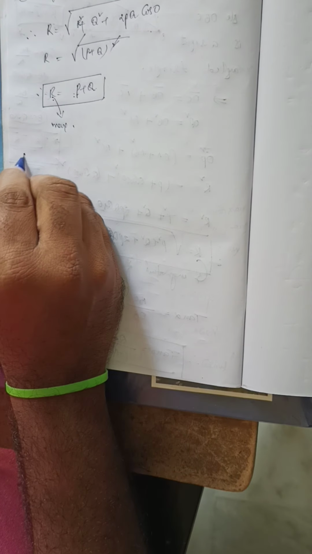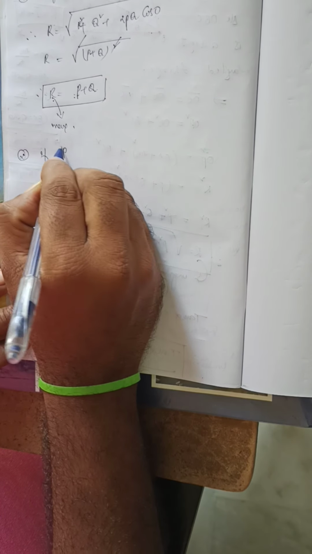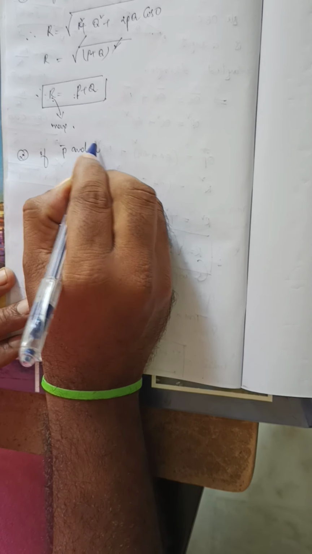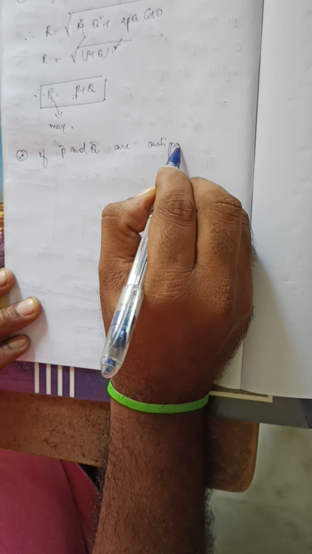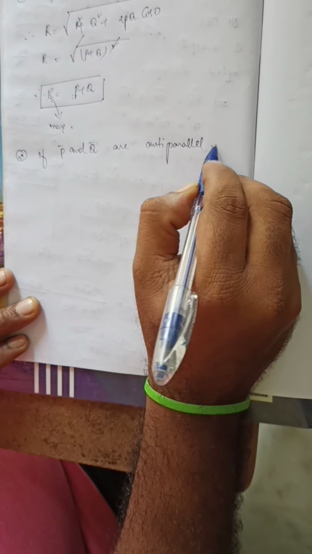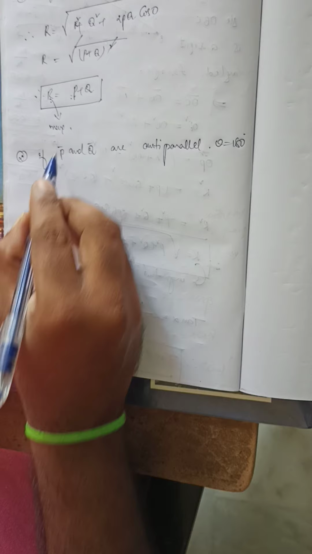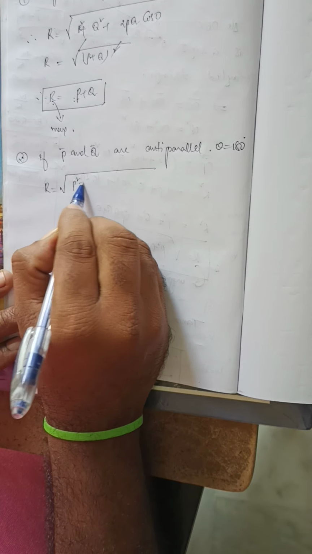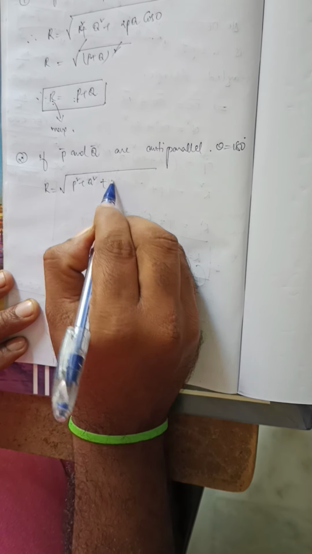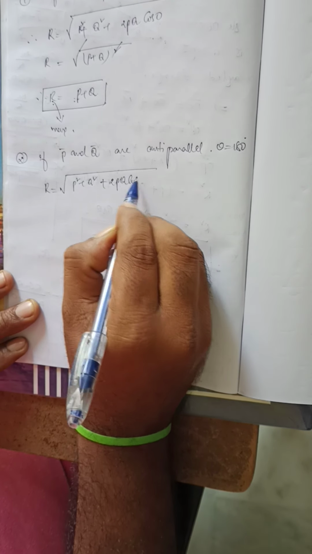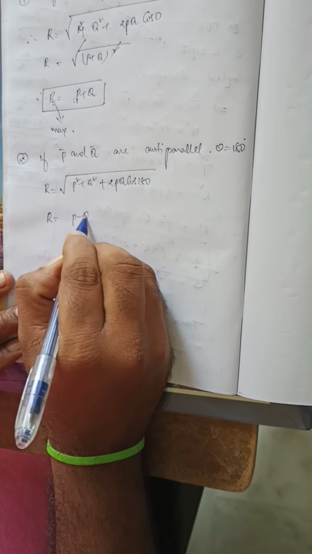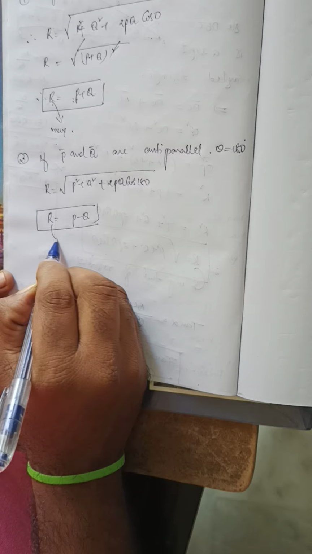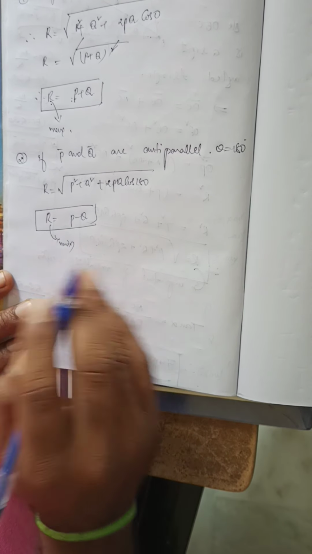Okay, next one, if p bar and q bar are anti-parallel, means theta is equal to 180, then r is equal to under root of p square plus q square plus 2pq into cos 180. So then after simplifying this equation we will get p minus q. Okay na? So in this case r value becomes minimum.